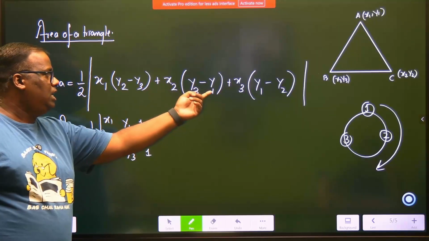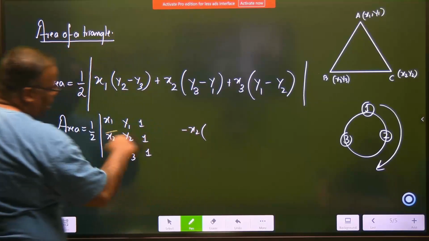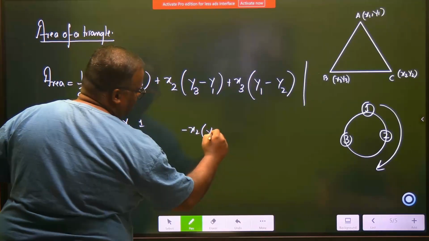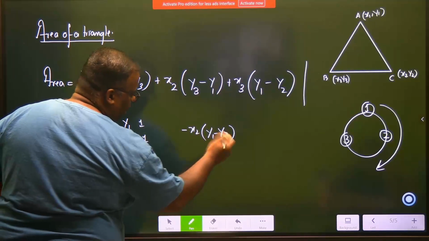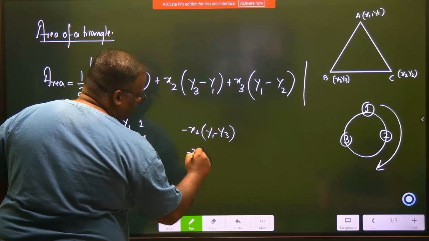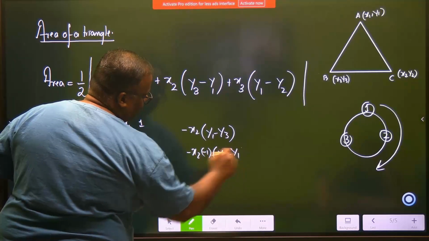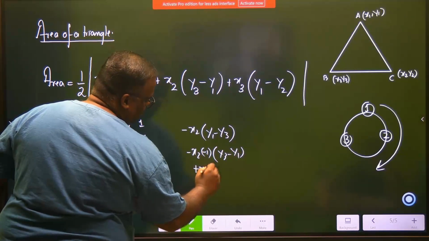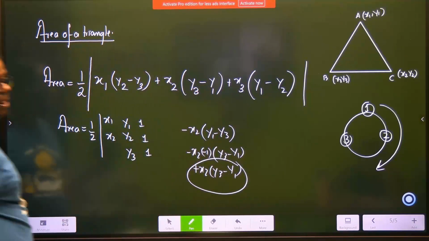Ultimately it should have been x2 multiplied by y1 minus y3. Do you agree or not? If I take minus 1 out from here, it is minus x2 into minus 1 into y3 minus y1. This minus and minus makes it plus y3 minus y1. Is this not the same thing here?